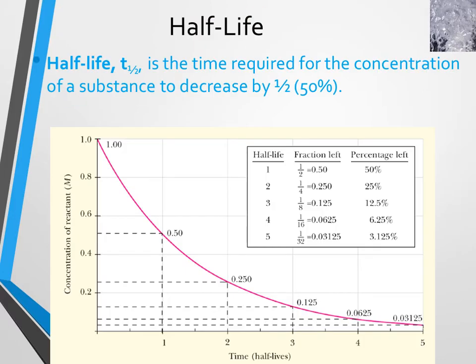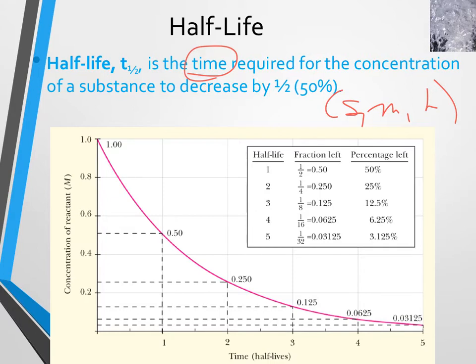So back to half-life. Half-life is a time, so it always has units of seconds, minutes, hours, something like that. It is the time it takes for half of a substance to react, decay, disappear.